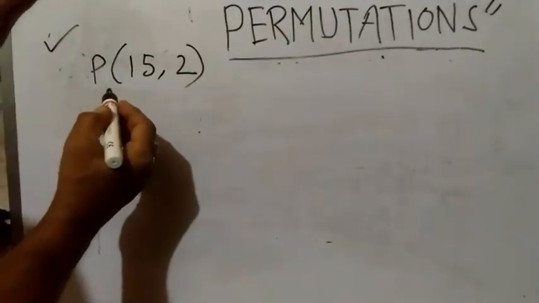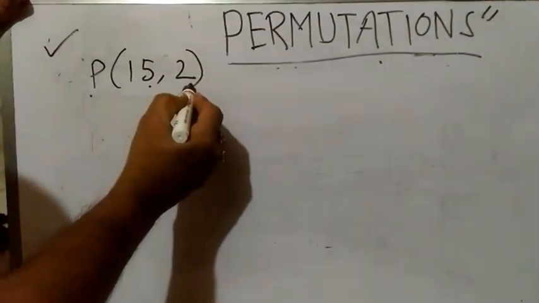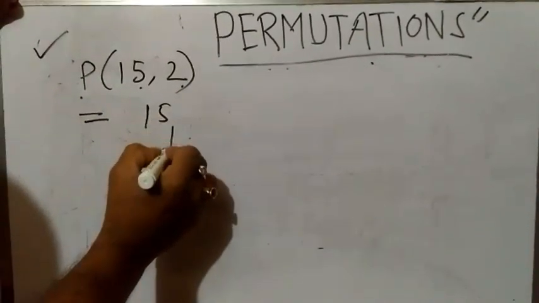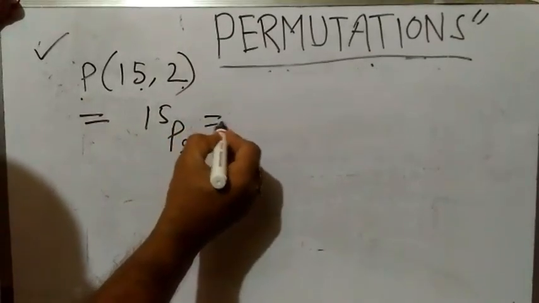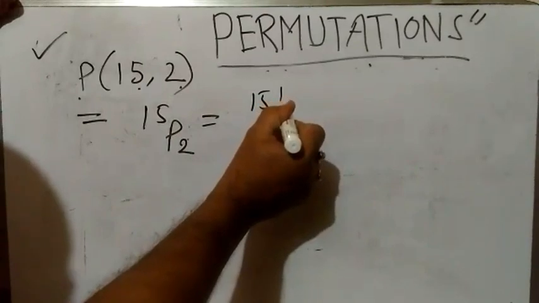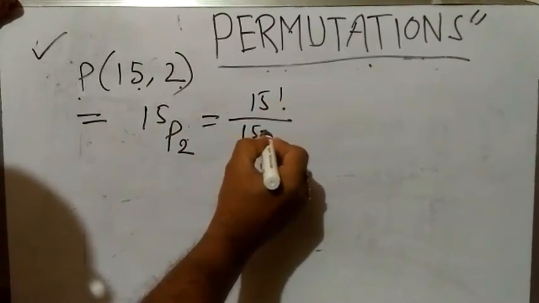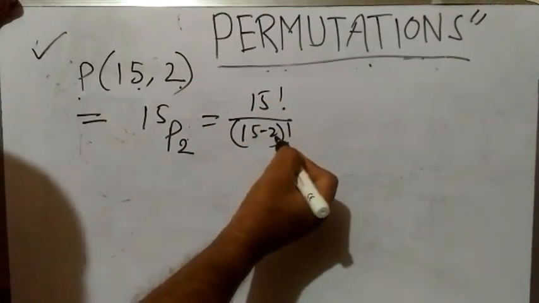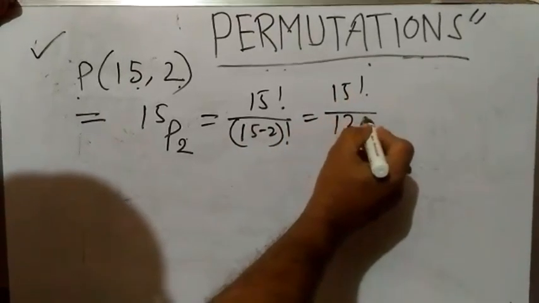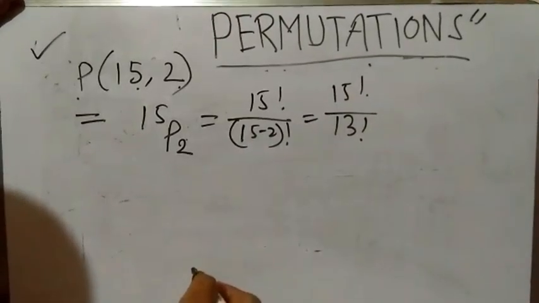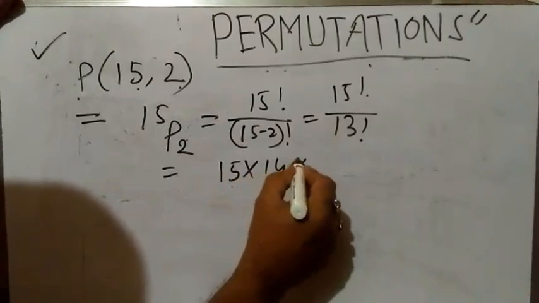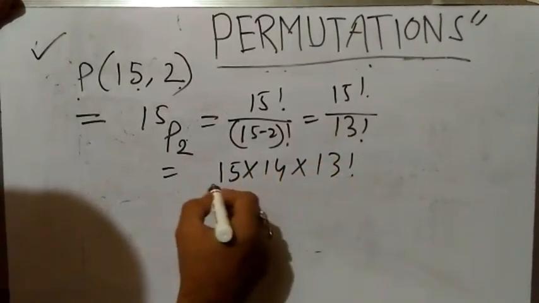Dear students, follow the next sum. Permutation 15, 2, which can be written as 15P2. Similarly, write down 15 factorial by 15 minus 2 factorial, which comes to 15 factorial divided by 13 factorial. So write down 15 multiply 14 multiply 13 factorial.